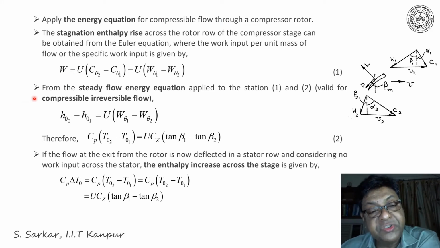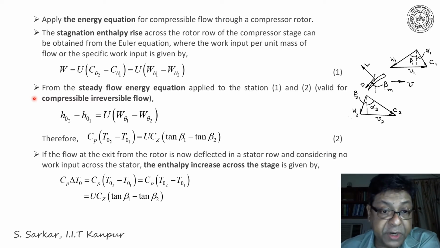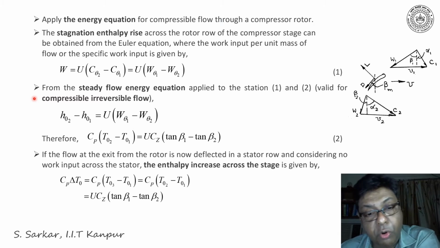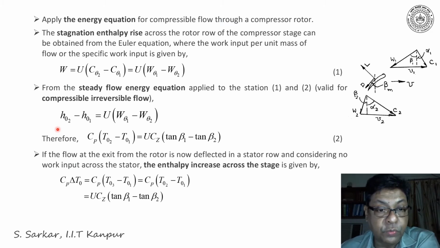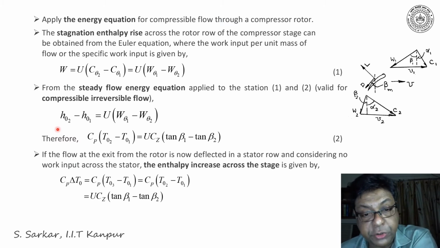Now from the steady flow energy equation applied between stations 1 and 2, which is valid for compressible irreversible flow, I can write H02 minus H01, that is the enthalpy rise across the rotor, equal to U into (W theta 1 minus W theta 2).